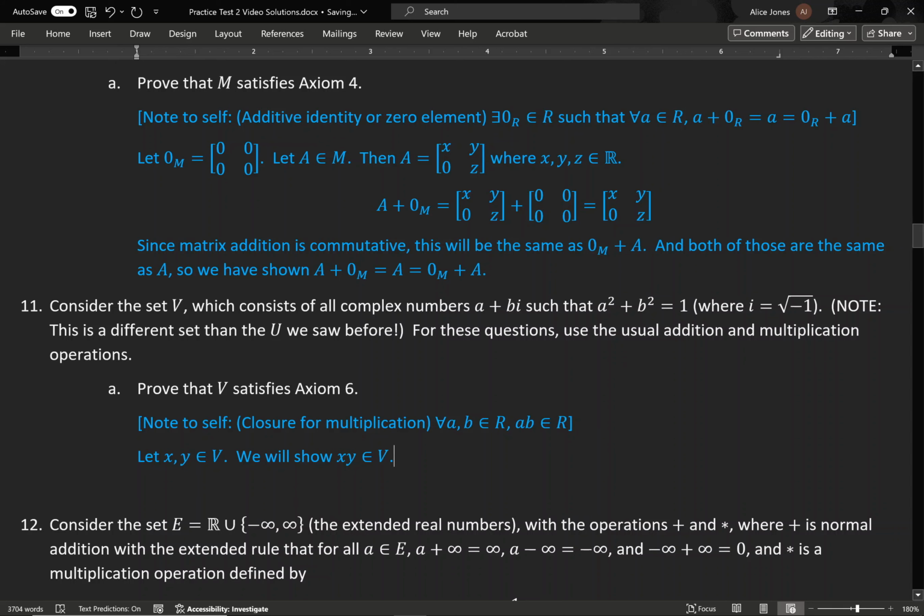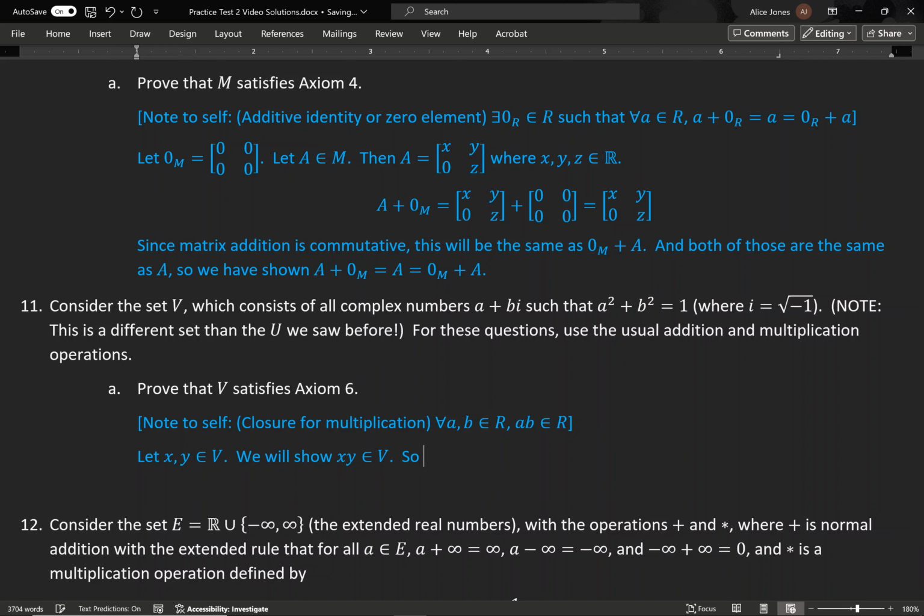All right, so what do I know about x and y being in V? Well, all I really know is that they have this form. They're complex numbers, so they look something like something plus something times i. I forgot to mention that a and b here are real numbers, and they satisfy this equation right here.